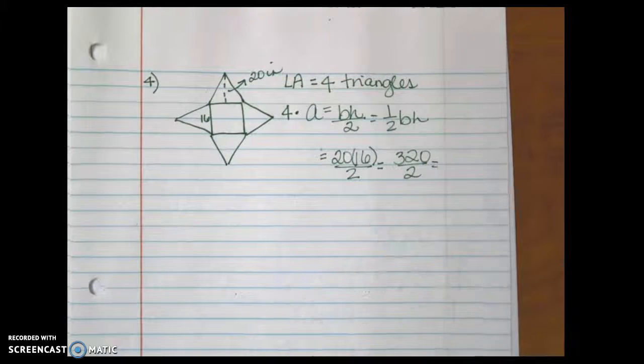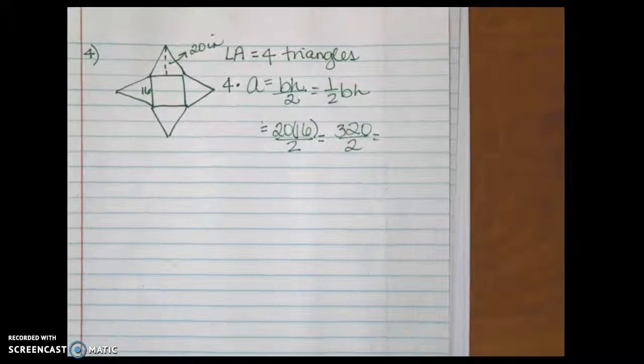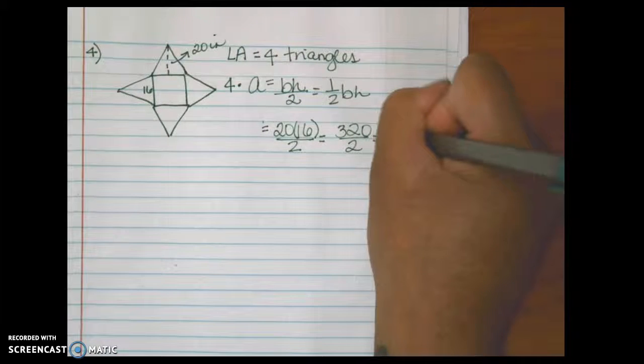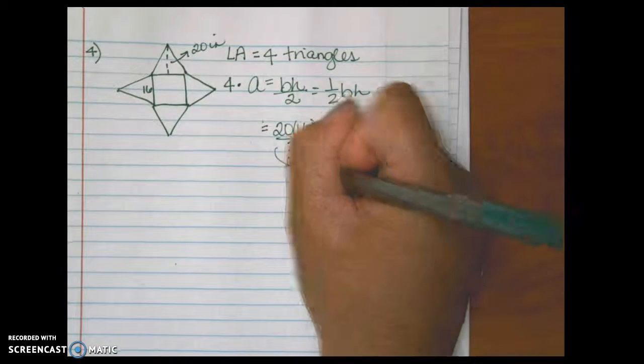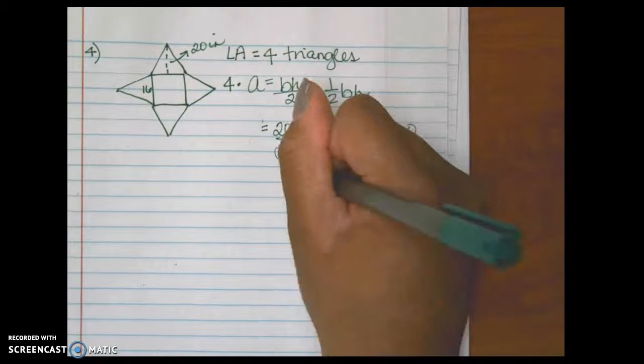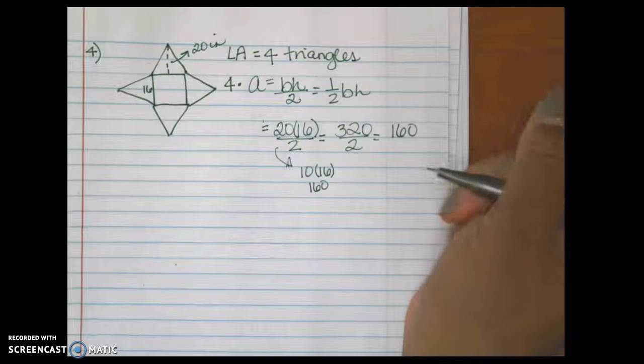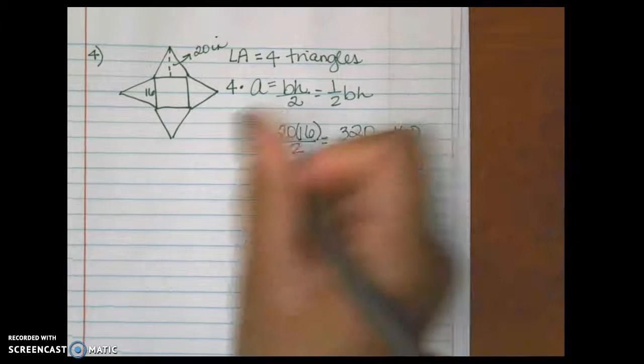What's half of 32? And what's half of 320? 160. I also could have found this by doing half of 20, which is 10, times 16, which still gives me 160. This 160 is 1 triangle.